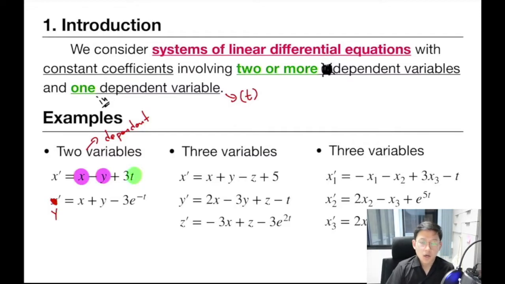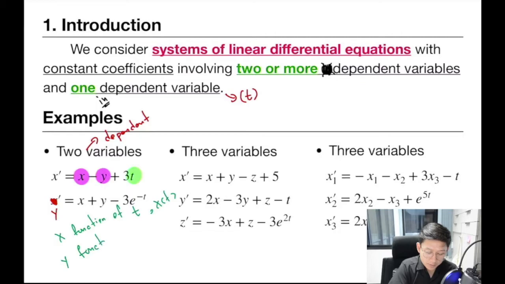When we say x and y are dependent variables, it means that x is actually a function of x(t), and similarly y is also a function of t as well. So x and y are functions of t. That's why we say that x and y are dependent, because they depend on t.